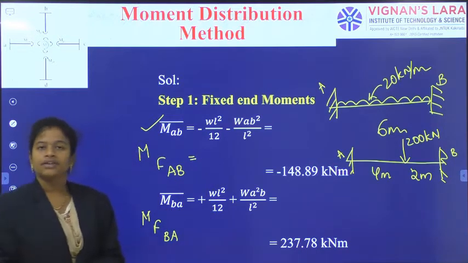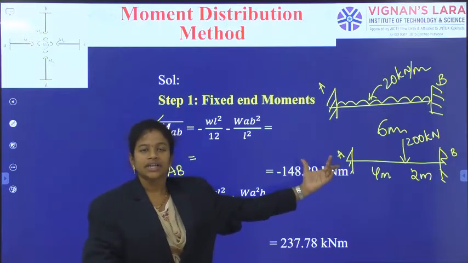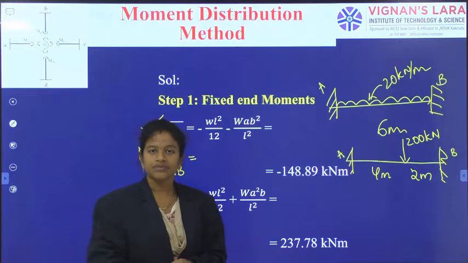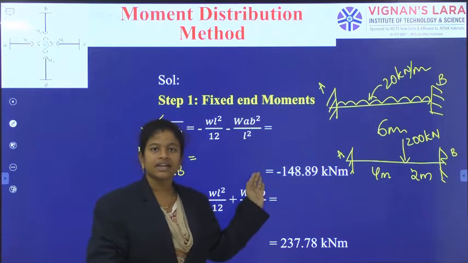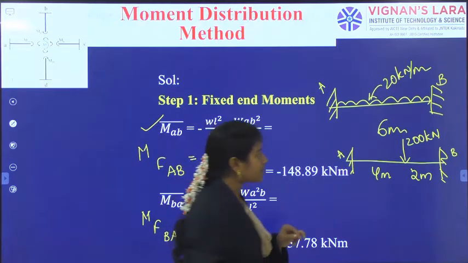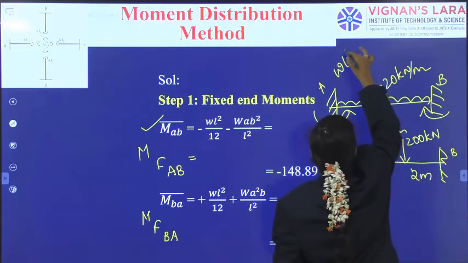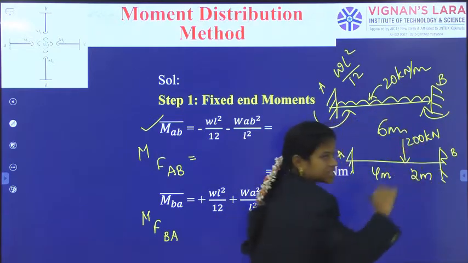Next, the formulas. For a fixed beam with UDL of intensity W over the entire length L, the fixed end moments will be WL square by 12 at the left and WL square by 12 at the right. So these two answers are WL square by 12 only, on both sides.